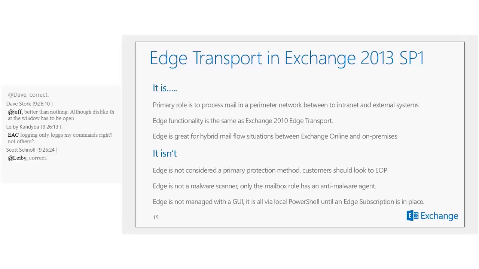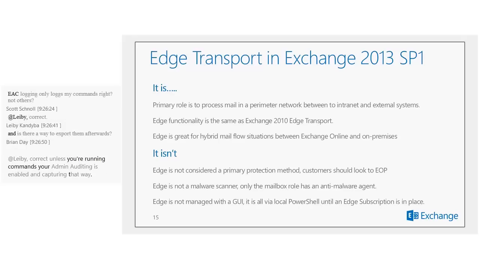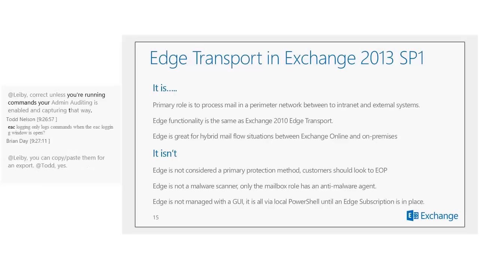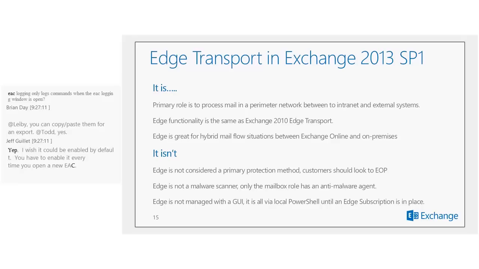Its functionality is essentially the same as the 2010 Edge Transport role. And again, for 365 customers, as we say, you have to have an Exchange server as the primary interface point. So this is great for hybrid mail flow situations where you want to have that Edge server in place, and now you get to do it with a 2013 version from a supportability perspective.